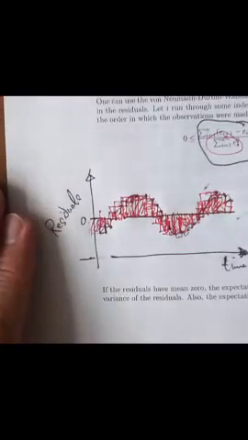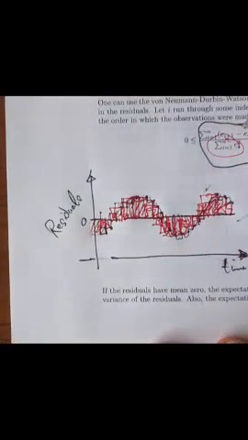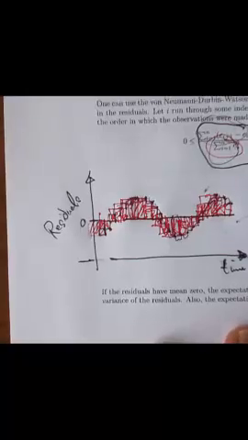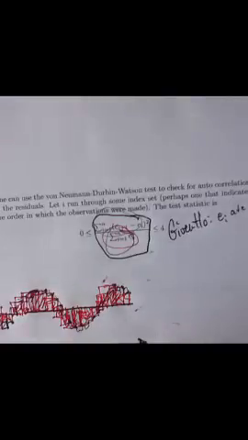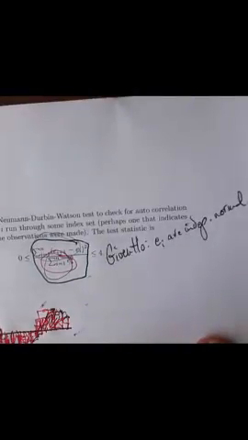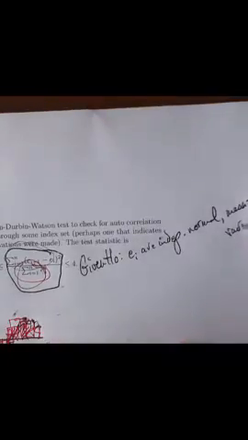Now, just for fun, let's compare the expected value of the numerator to the expected value of the denominator. So that is given H naught, which is that these error terms are independent normals with mean equal to 0 and variance equal to sigma squared.